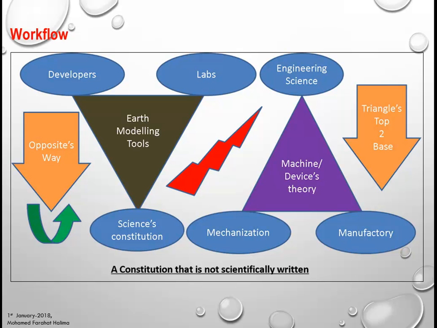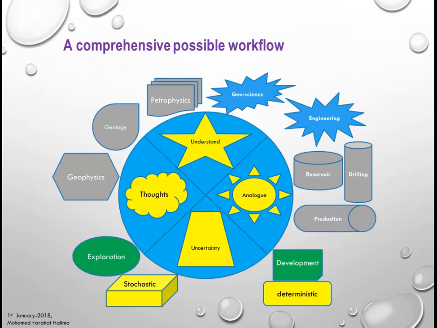Once we have that reference in the academic or scientific library, I believe that triangle will convert from upside down back to the normal triangle, as on the left hand side I drew this way. So I think that diagram might be a comprehensive possible workflow.